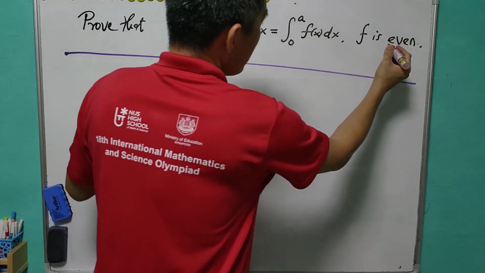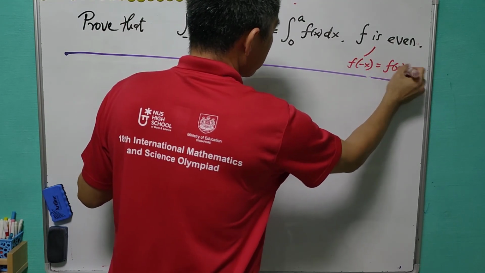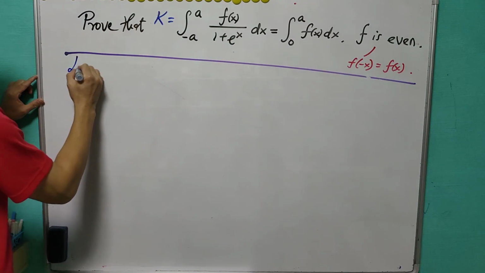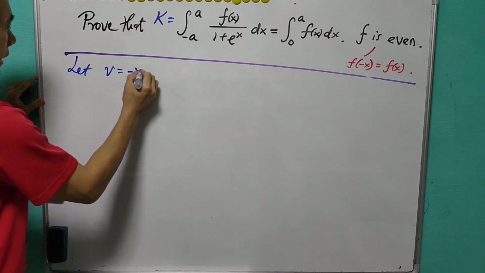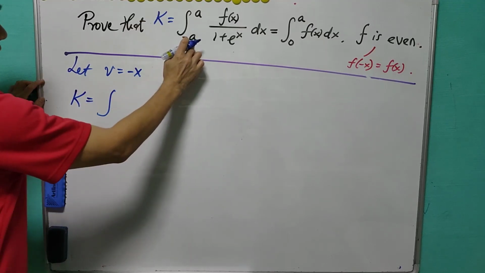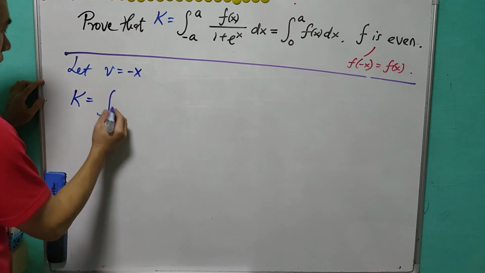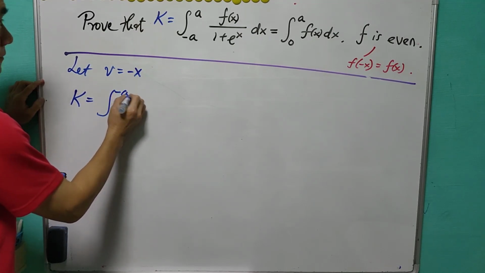Now, f is an even function, it means that f(negative x) equals f(x). Let v be negative x. Now with this, K will equal, initially from negative a to a, because v equals negative x, it will be from a to negative a.